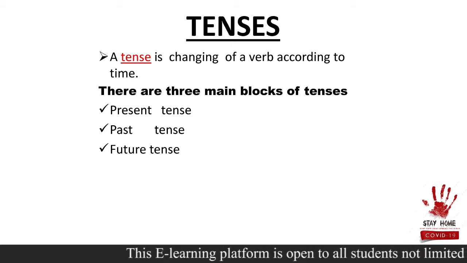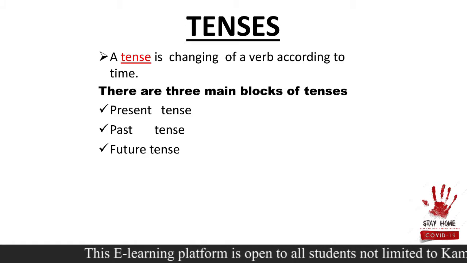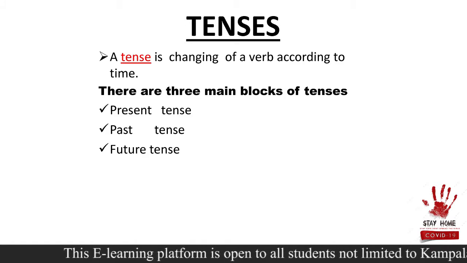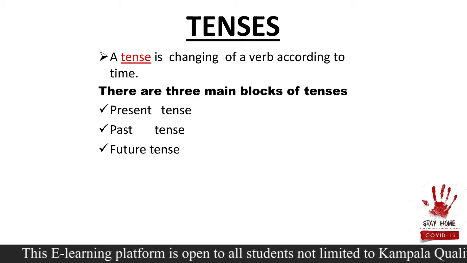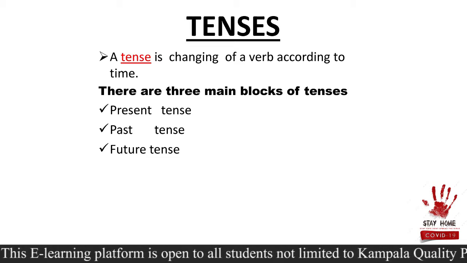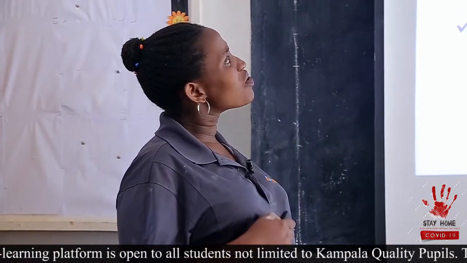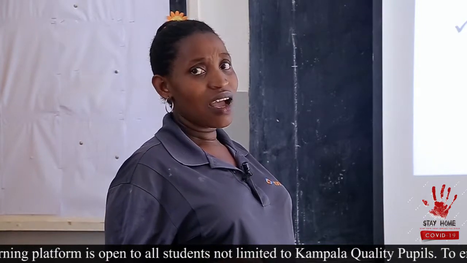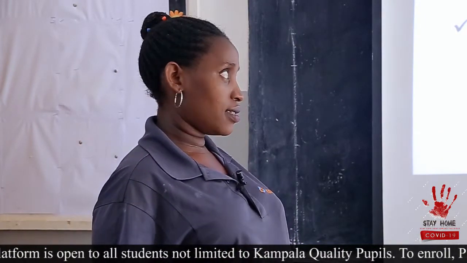In time, you can say we have the present time, we have the past time, and then we have the future time. In actual sense, a tense is time. So, since we have been looking at verbs, we are going to see how these verbs now change according to time. That is a tense.